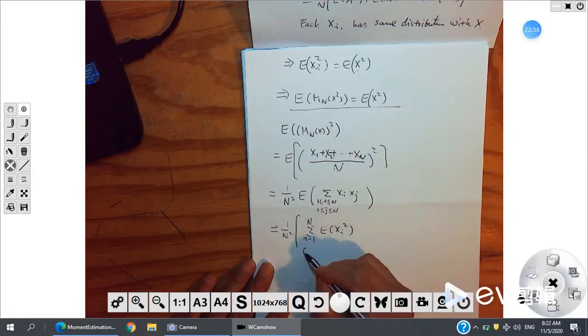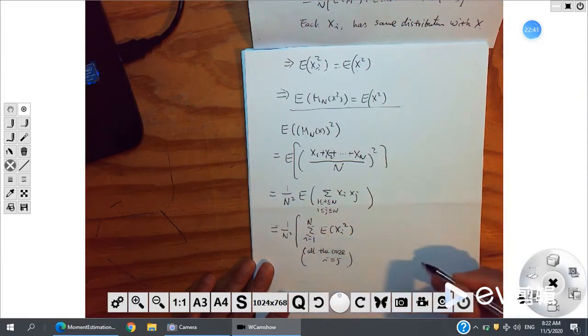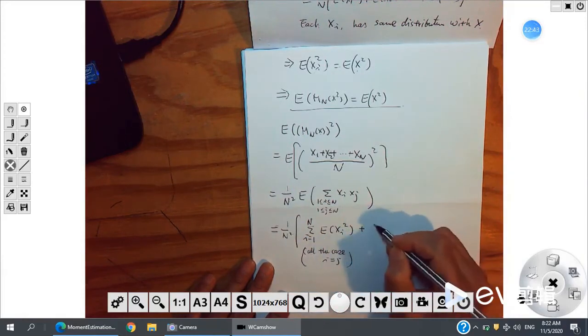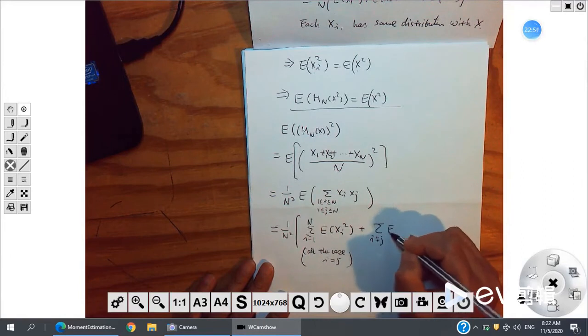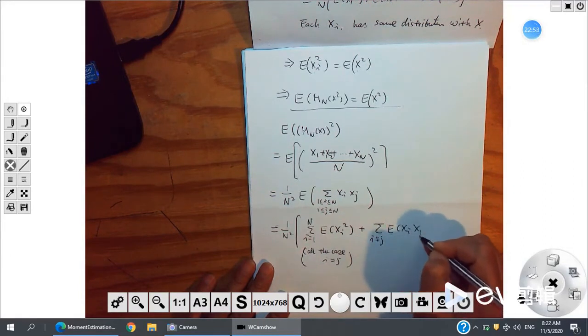This is all the cases where i equals j. And the rest of the terms, i does not equal j, are E of xi times xj.